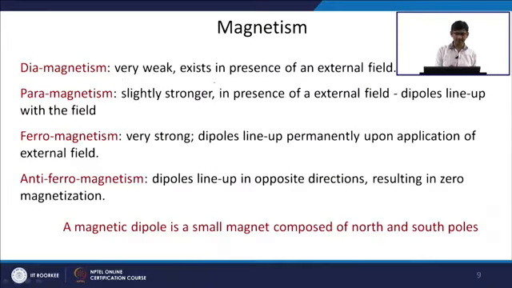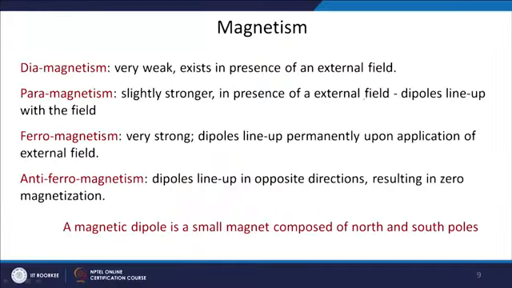Then coming to magnetic properties, the magnetism can be divided into different classes. Diamagnetism is a very weak magnetism which exists in the presence of an external field. So, when you apply the external field, only then you will see magnetism in the material, and when you remove the external field, there will not be any magnetism.